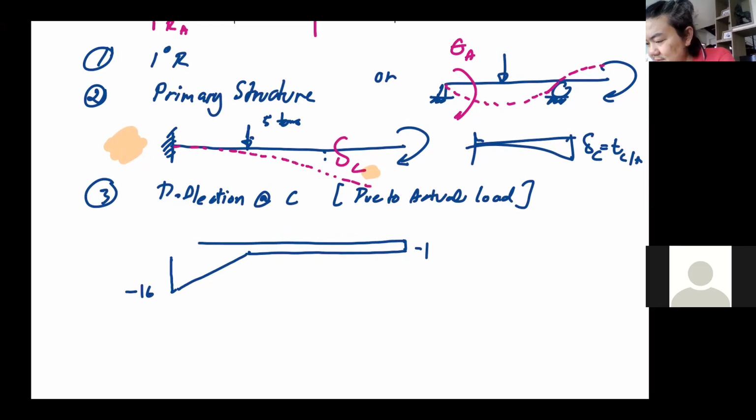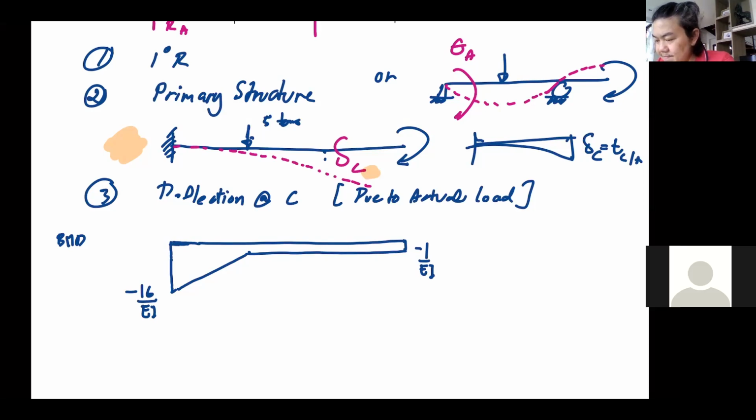And I better remove the support so that this is really the bending moment diagram. Got to change the size of the rubber. Okay, so this is the bending moment diagram. But if you want to use the moment area method, this becomes the M over EI diagram, right? So that's the one. And now you can see that things become very easy.